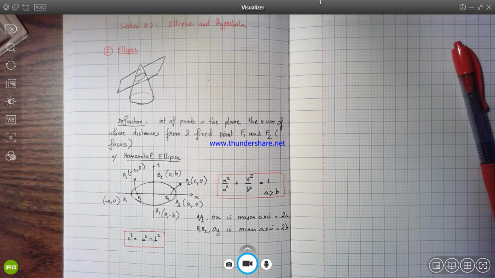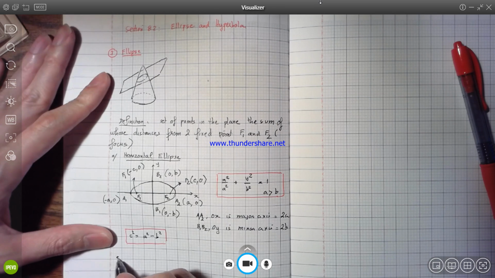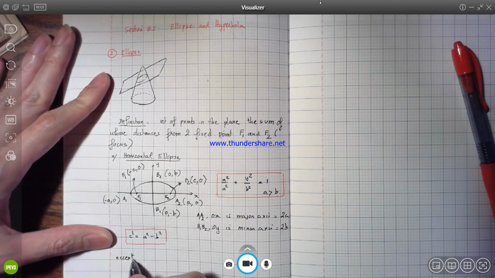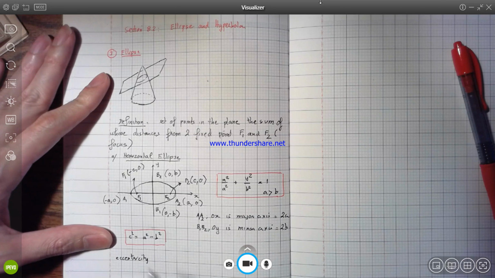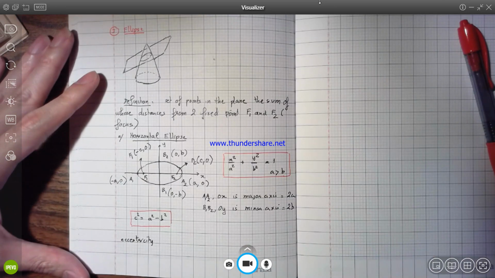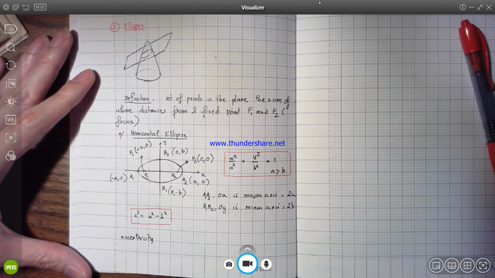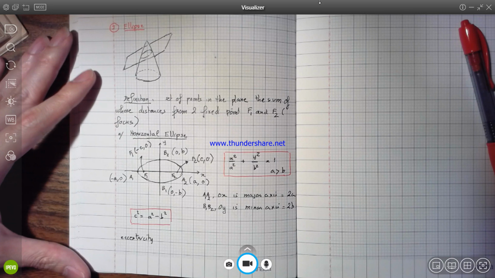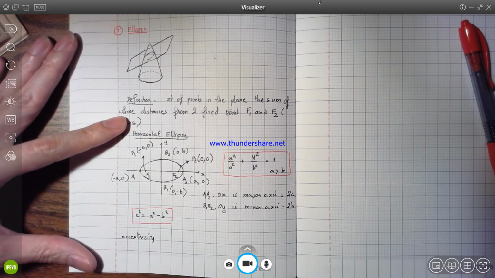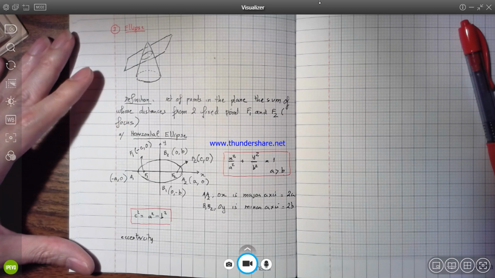Other than the focus, with A and C, we can also find the eccentricity. Remember, in a parabola, the eccentricity is 1. But for the ellipse, the eccentricity is between 0 and 1.